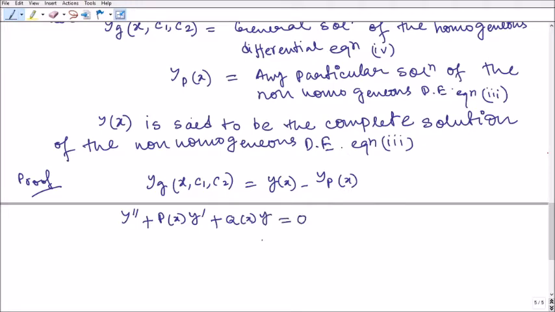This is the homogeneous differential equation associated with the non-homogeneous differential equation, which is y double dash plus p of x y dash plus q of x y equal to r of x.